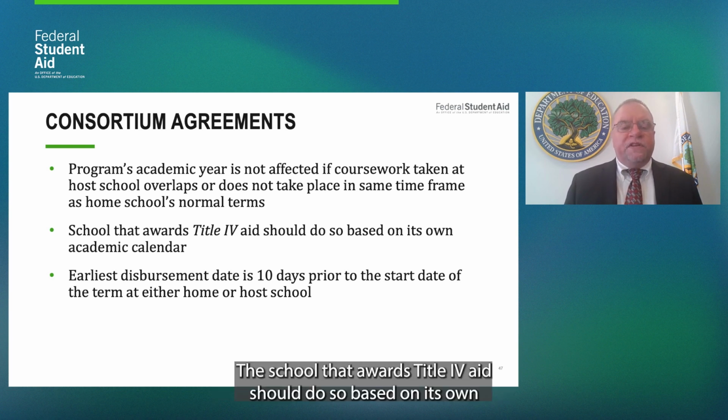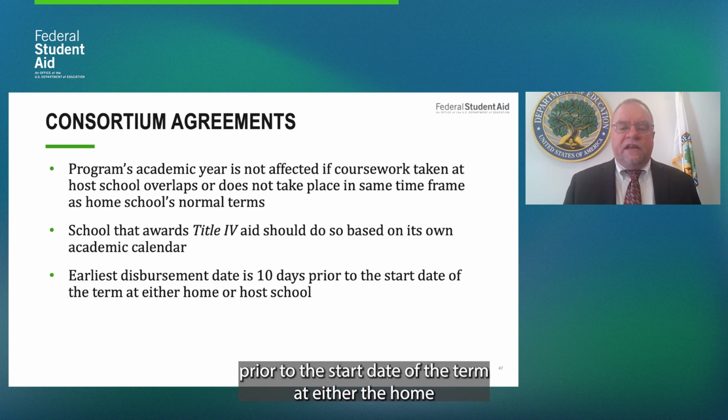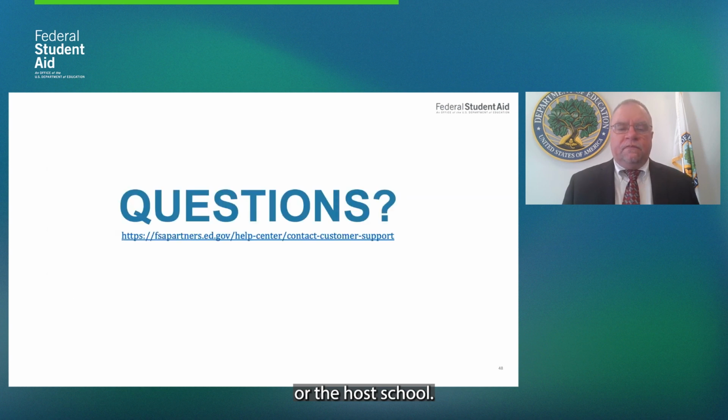The school that awards Title IV aid should do so based on its own academic calendar, and the earliest disbursement date is 10 days prior to the start date of the term at either the home or the host school.